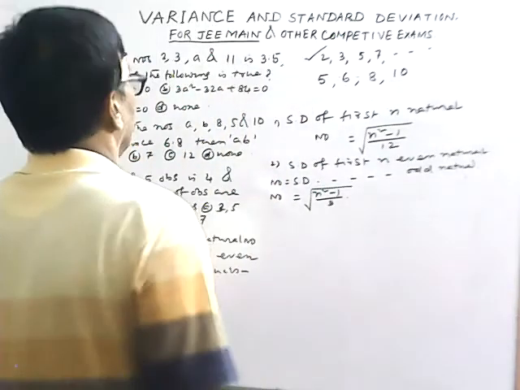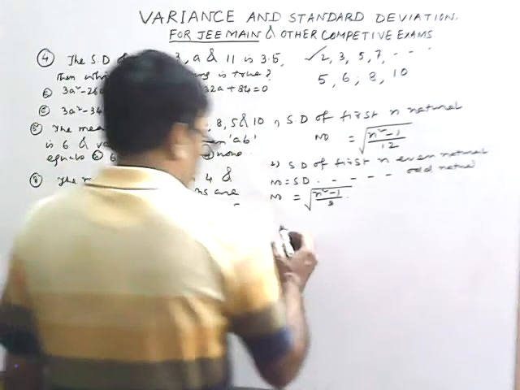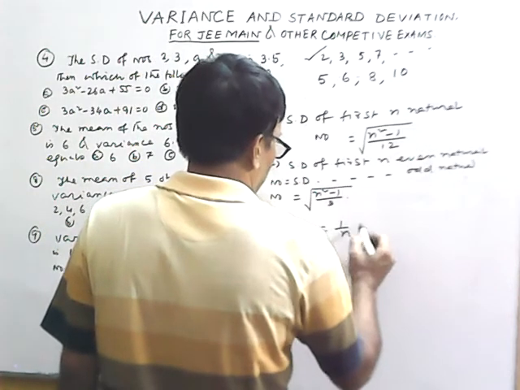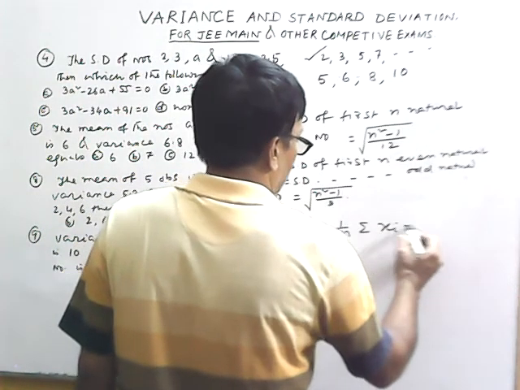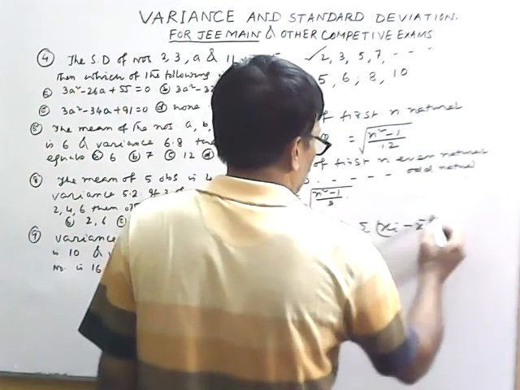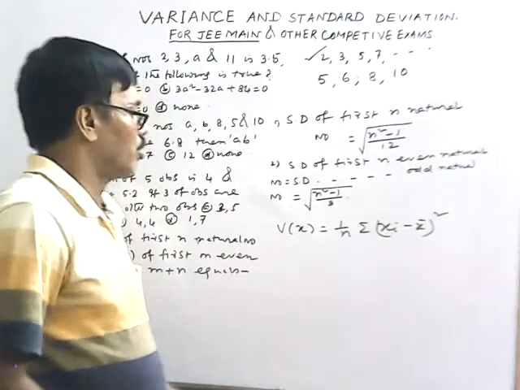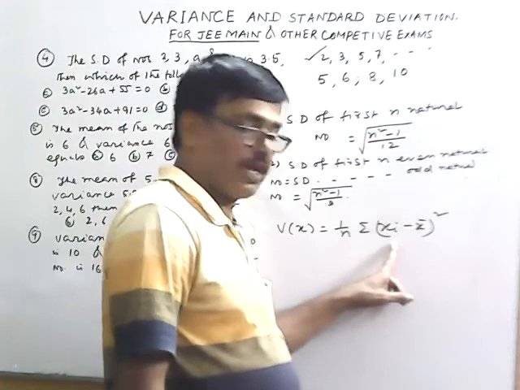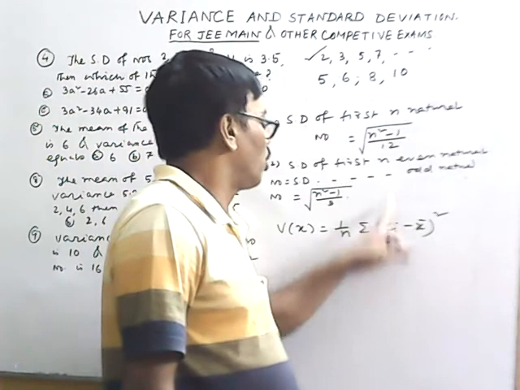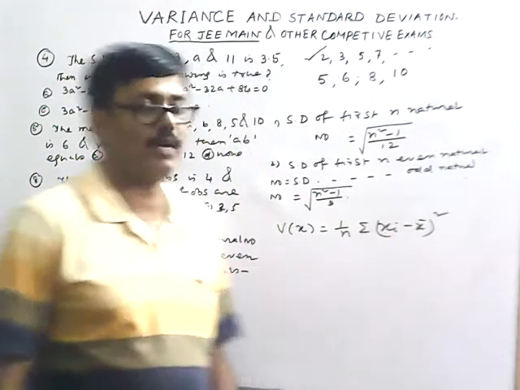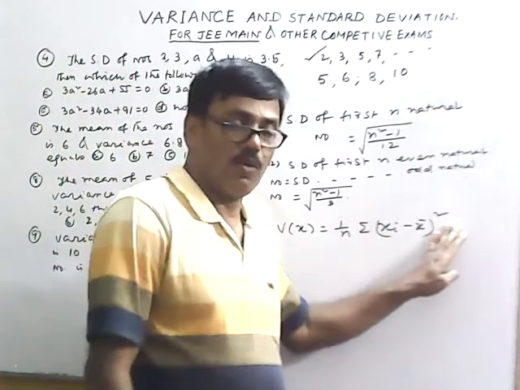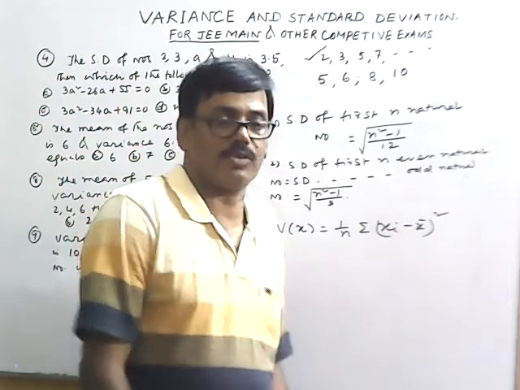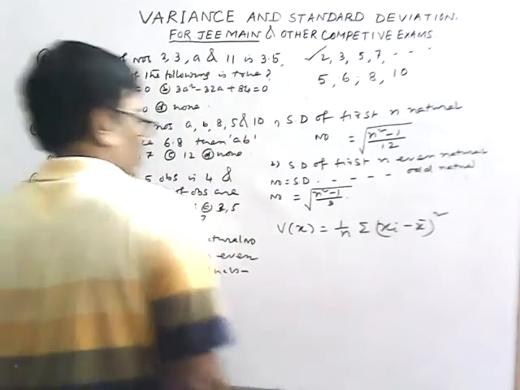And finally, look, what is Vx? It is 1 by n summation of (xi minus x bar) whole square. If xi minus x bar is a fraction, it is not easy to calculate (xi minus x bar) whole square and then sum. In this case, we use a shortcut method.